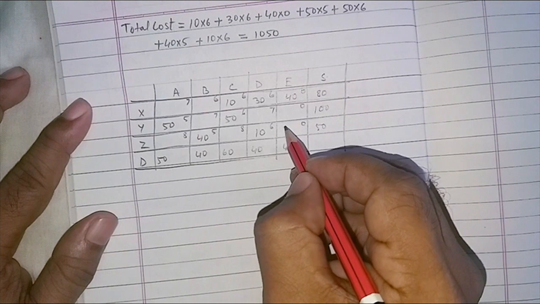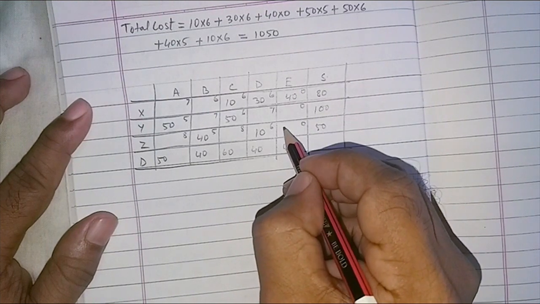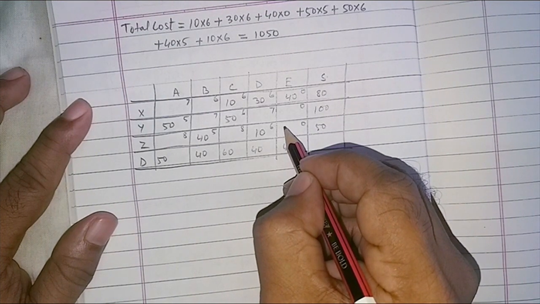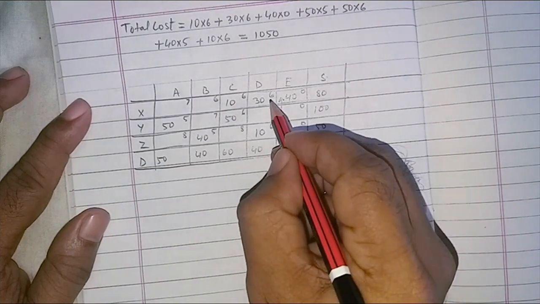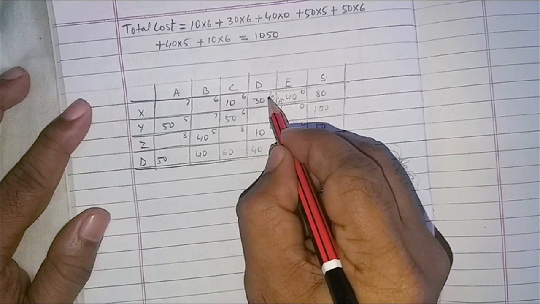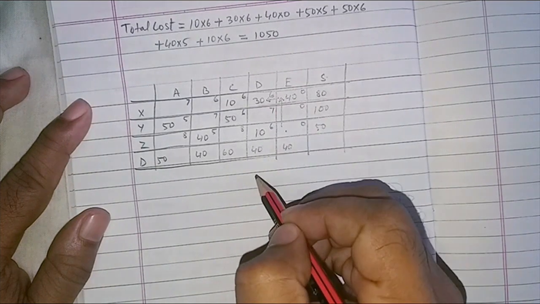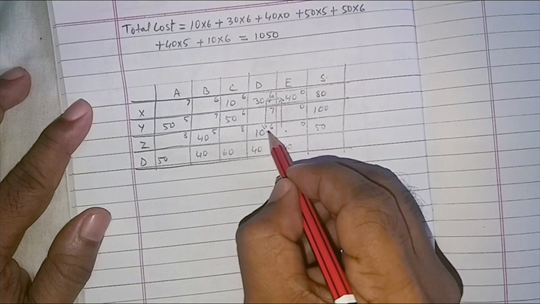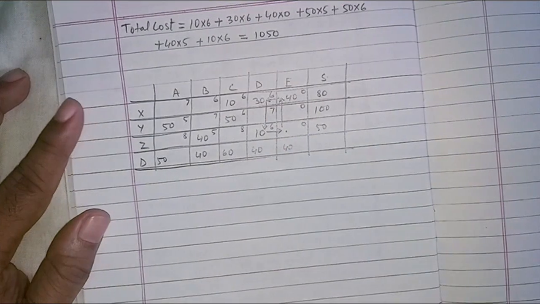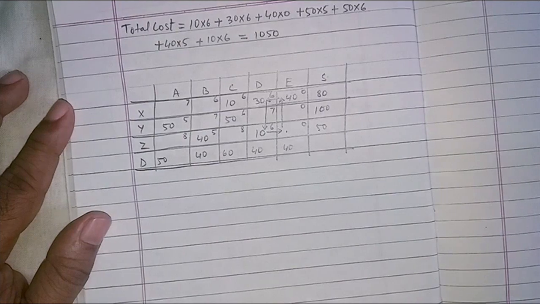To draw the loop, remember, I can draw horizontal and vertical lines and I can turn only from the cell which is occupied. So, from here I will go up, then turn this side, it's an allocated cell here, come down here further and then go back here. So, this becomes my circuit.